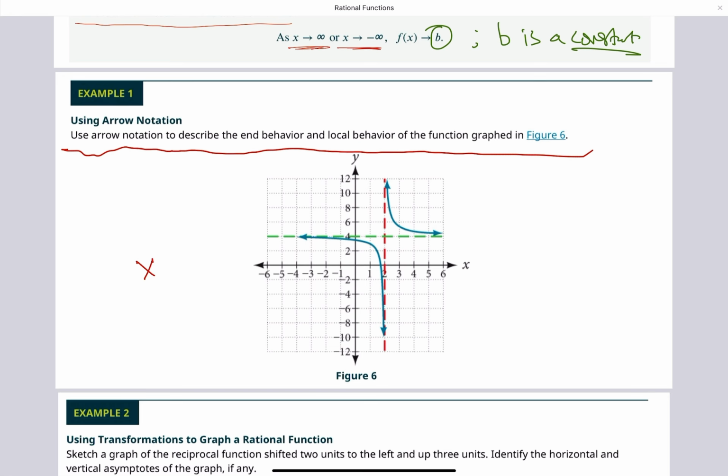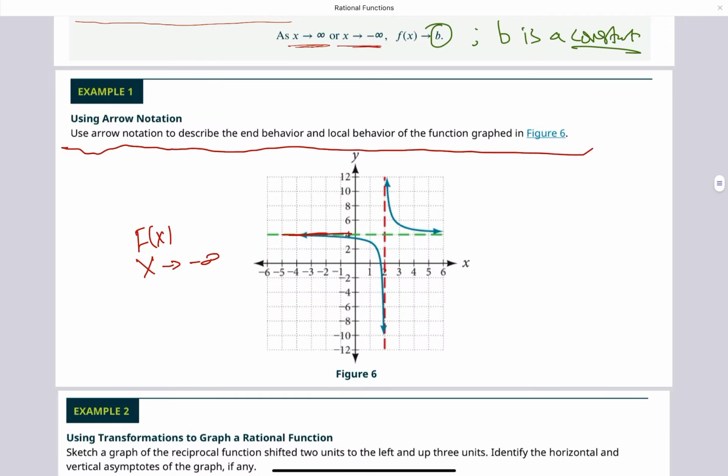So as x approaches negative infinity, what happens? We simply get f of x as x approaches negative infinity. What is it equal to? It equals 4. So what is the y value as x tends to negative infinity?